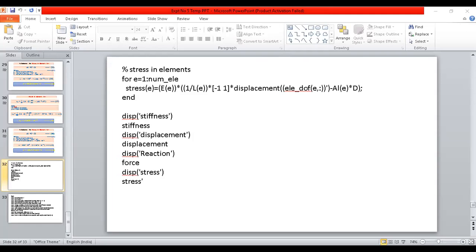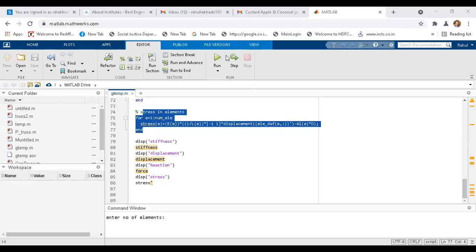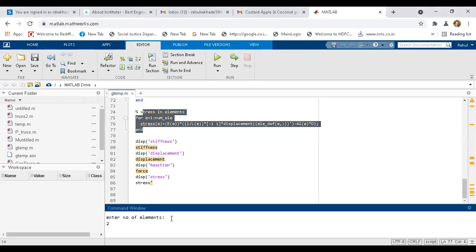First it asks number of element. Number of element equal to 2, enter.